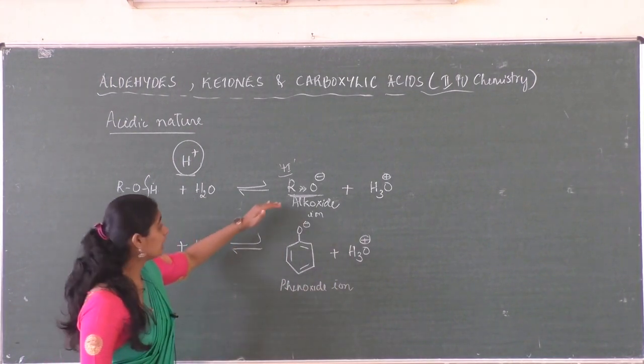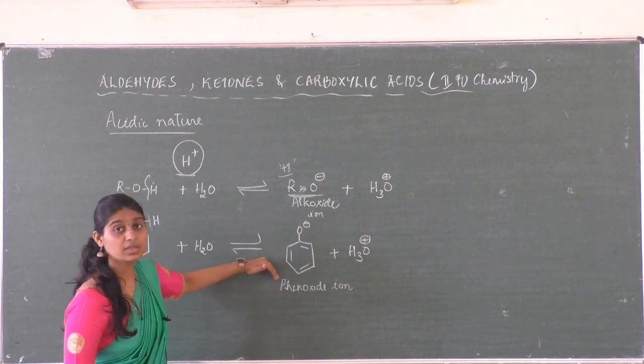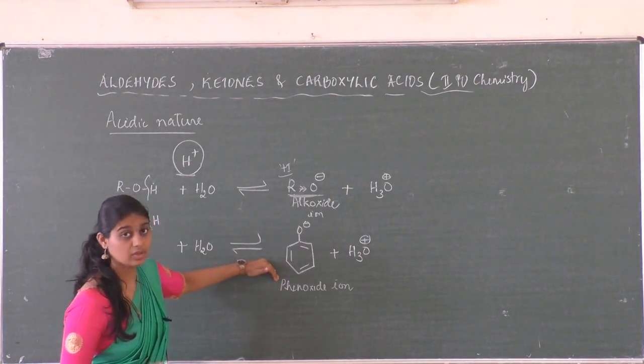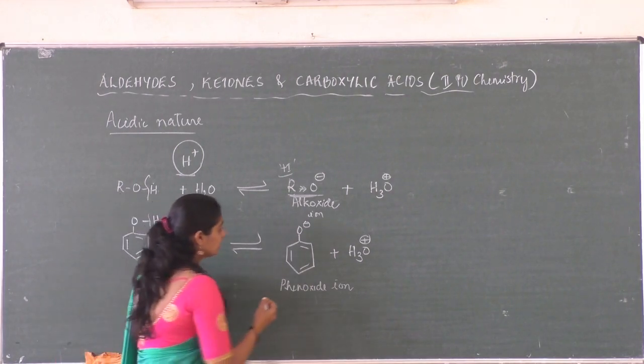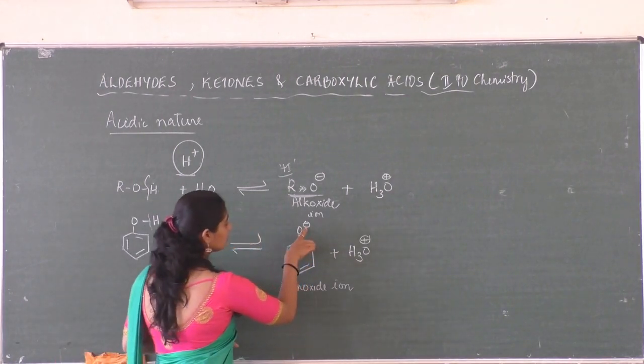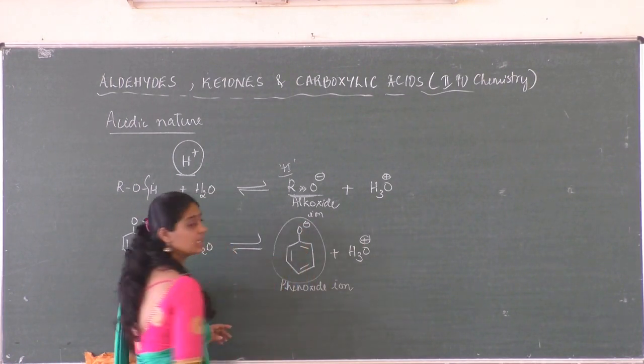Compared to the alkoxide ion, the phenoxide ion is much more stable, because you have learnt the concept of resonance. Here the negative charge of the formed ion is stabilized by resonance.